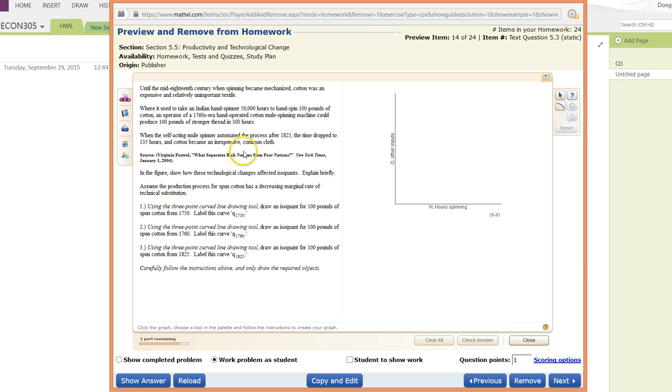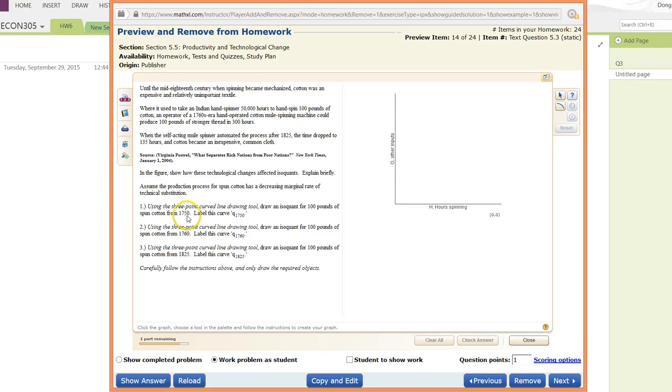inexpensive common cloth. In the figure, show how these technological changes affected isoquants. Assume the production process for spun cotton has a decreasing marginal rate of technical substitution. So the question asks us to draw basically three isoquants, one for the 3 time periods.